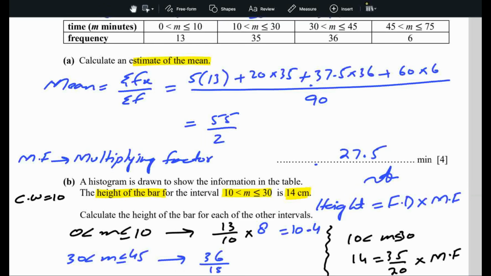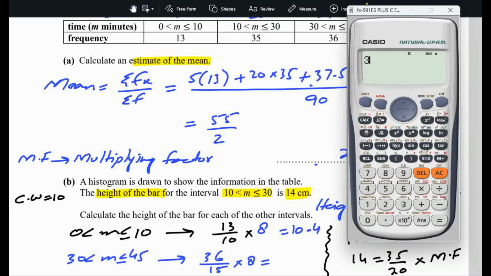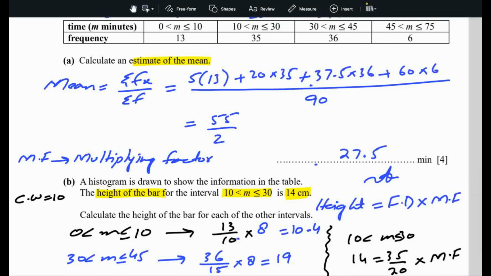The class width is 15, multiplied by 8. So 36 divided by 15, multiplied by 8, will be equal to 19.2. So 19.2 will be the final answer.